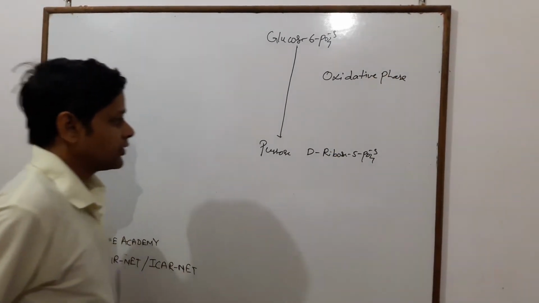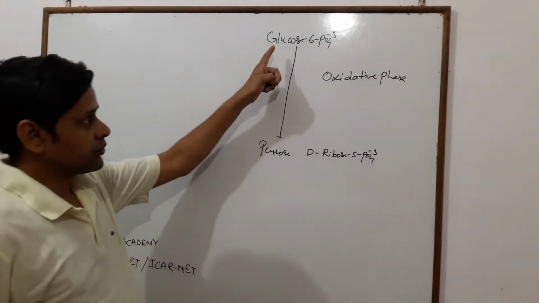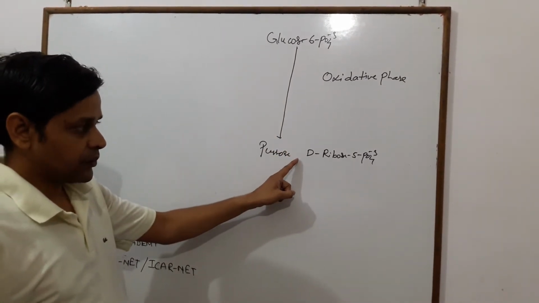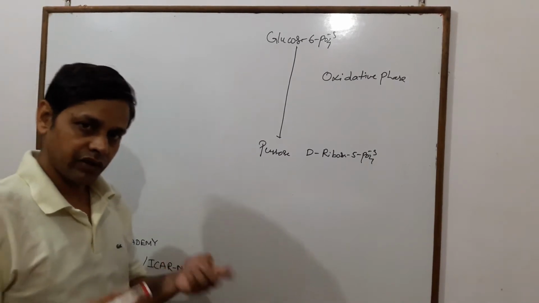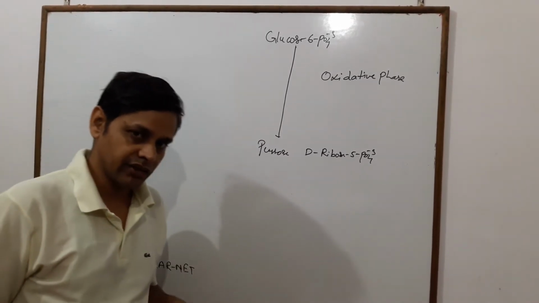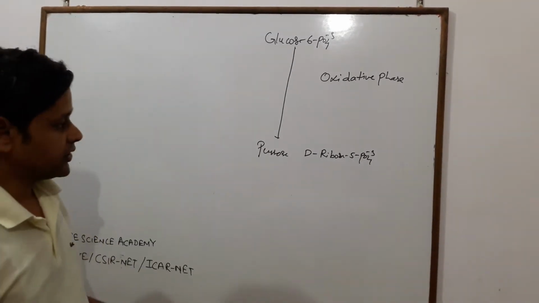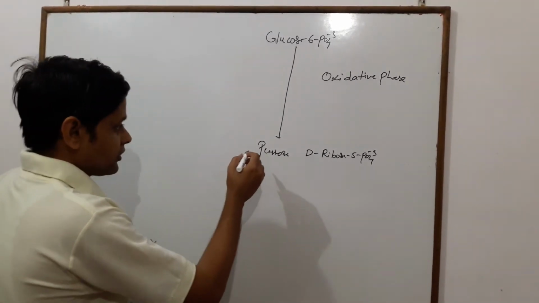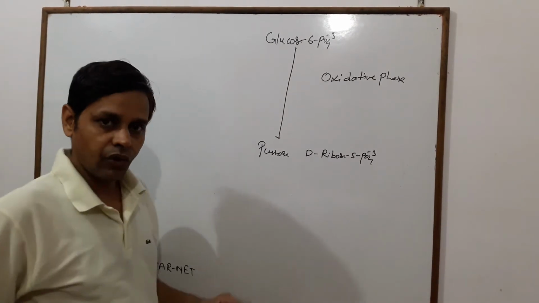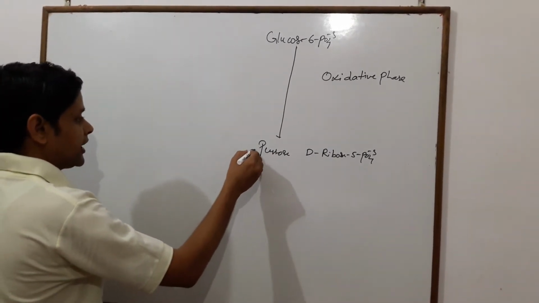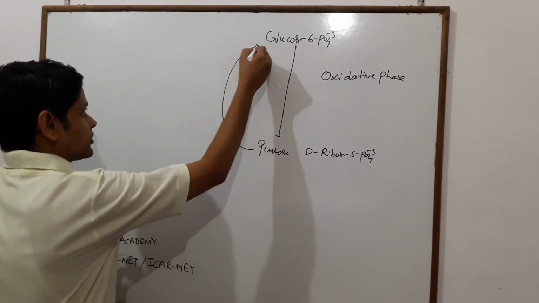Now when this sugar is completely converted into D-ribose 5-phosphate, if further sugar is needed by the cell, then this ribose sugar follows the non-oxidative phase and is converted back into glucose 6-phosphate.